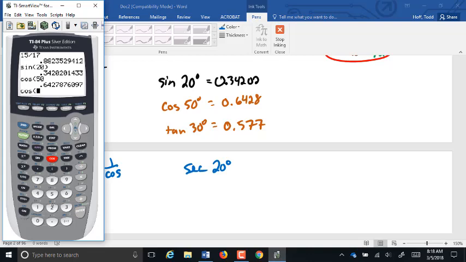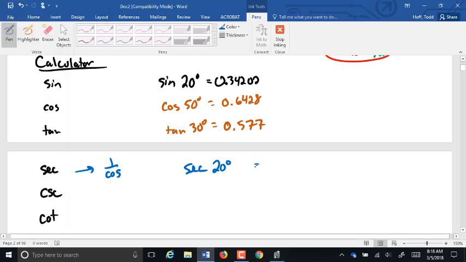You do cosine of 20, close the parentheses, and most of you have this x negative 1 key. Hit that x negative 1 key before you hit enter. It'll give you 1.0642. That is the secant of 20 degrees.